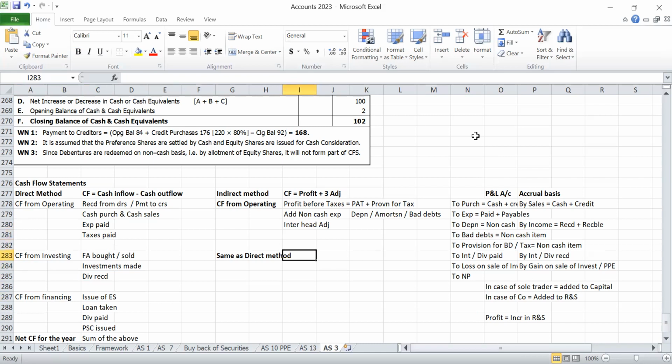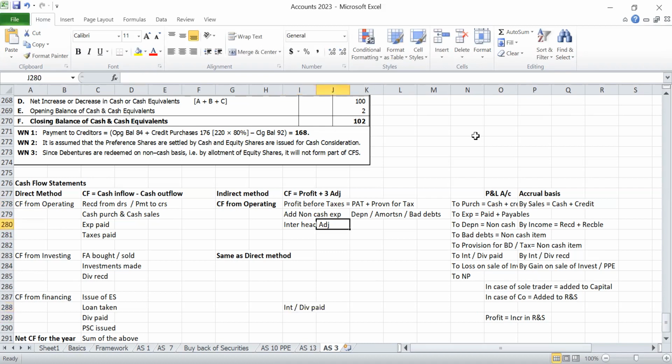Actually it will come under investing activity, but for profit and loss account preparation purposes, I have taken that. Examples: interest paid, dividend paid, which I have already deducted in profit. But actually interest and dividend paid will come in financing activity.